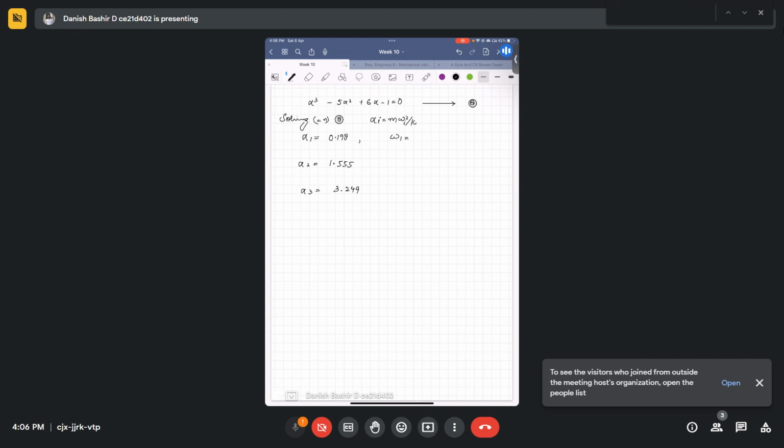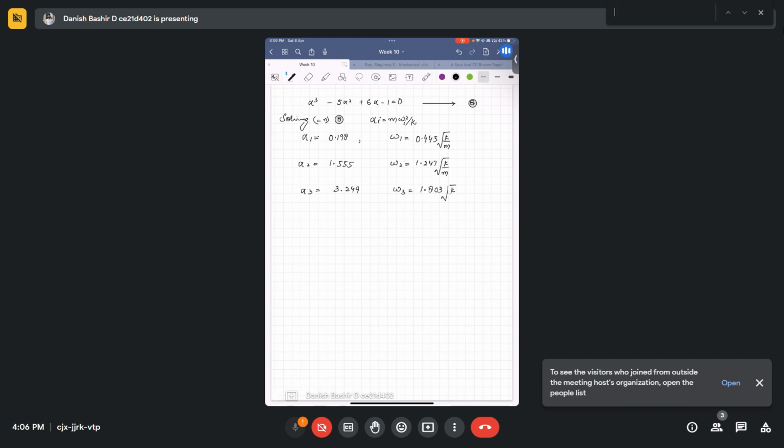So omega 1 will be 0.445 root k by m, omega 2 will be equal to 1.247 root k by m, and omega 3 will be equal to 1.803 root k by m.